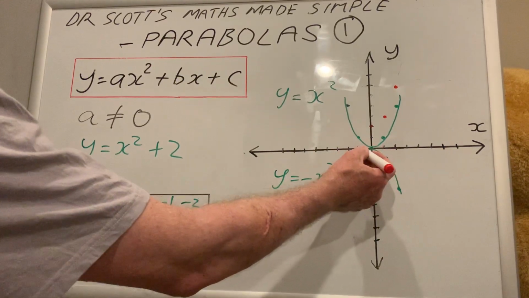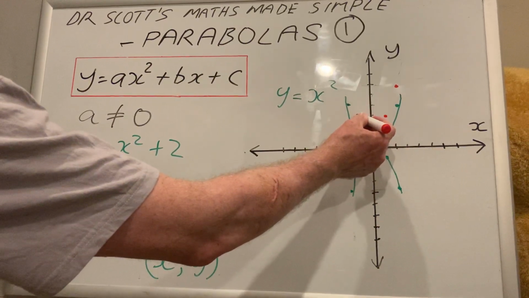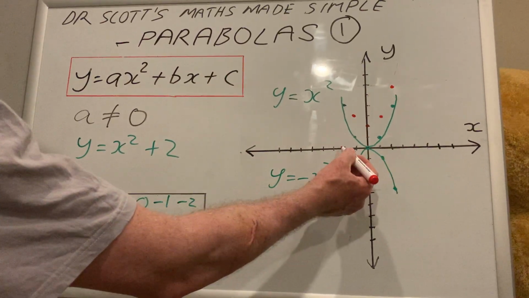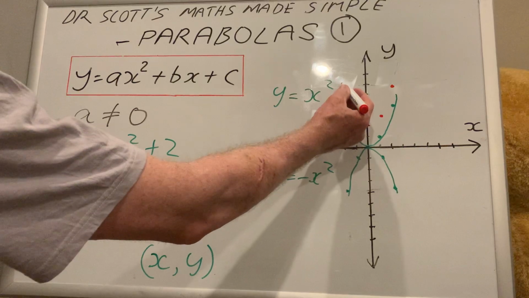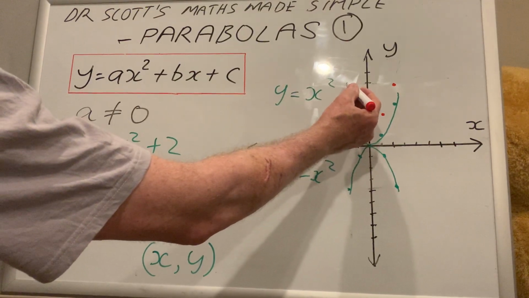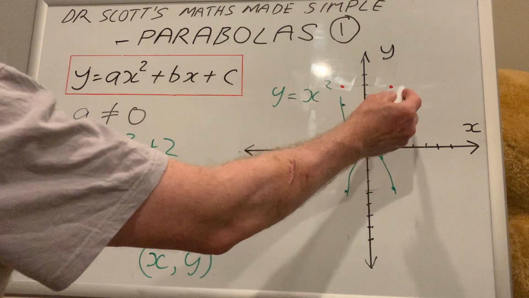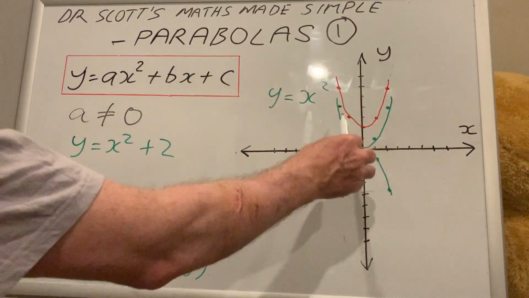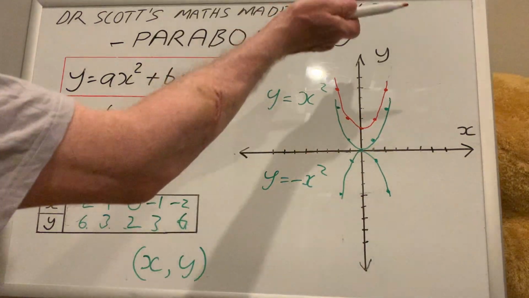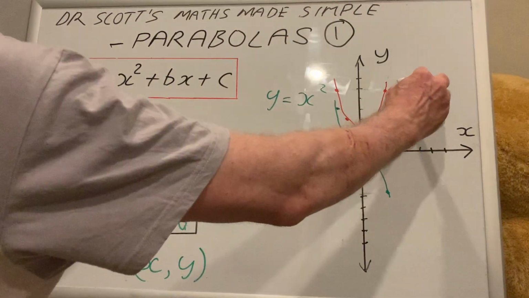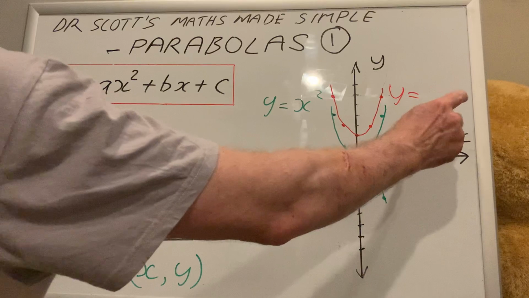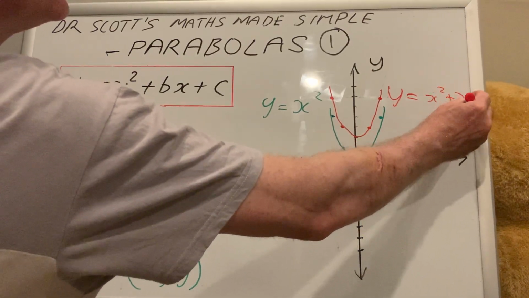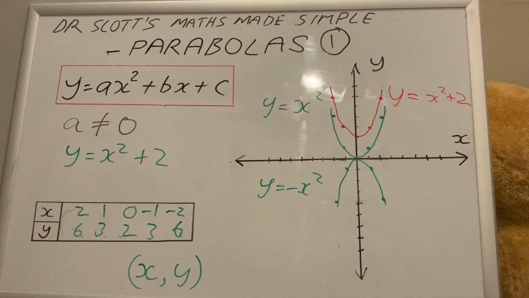Negative 1, 3, so it comes up here, and then finally negative 2, 6, x is negative 2, y is positive 6, so it's up here, like that. And what you can see is, really, what we've got is y equals x squared just pushed up by 2. So that is y equals x squared plus 2.